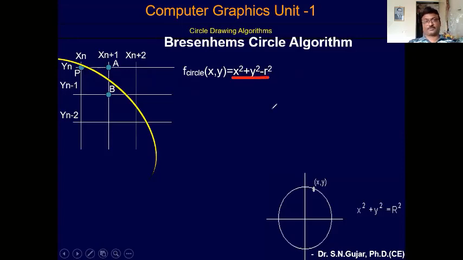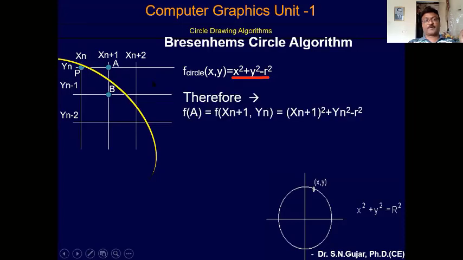This is my equation. Now this is the point I have already told you, x and y. Suppose this point is passing, the next point is going to come from this A. Suppose this is my A point over here.